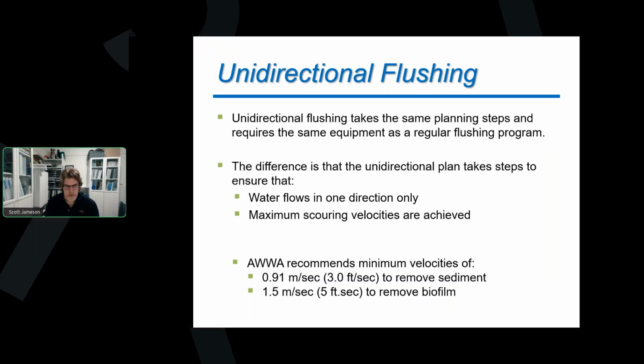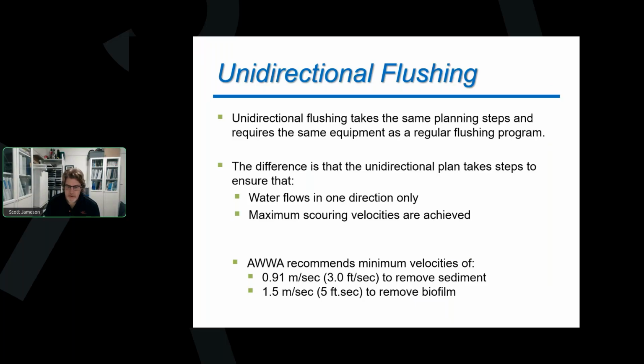Now, I've mentioned that we're trying to maximize velocities numerous times so far. The AWWA, through research, has come up with the finding that if you want to remove sediment that has fallen in the bottom of the pipe, you need to achieve at least 3 feet per second or 0.91 meters per second of velocity inside of that pipe.